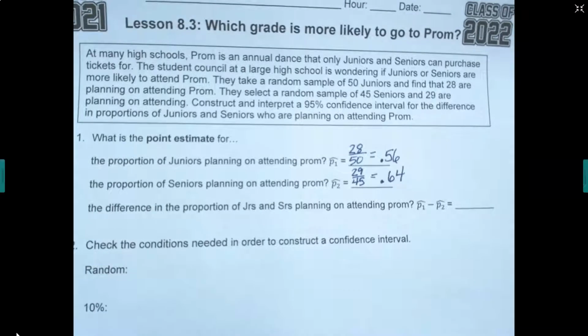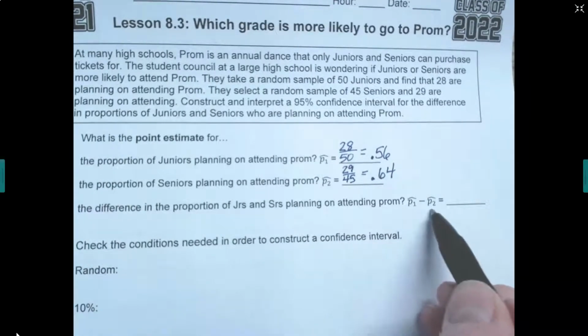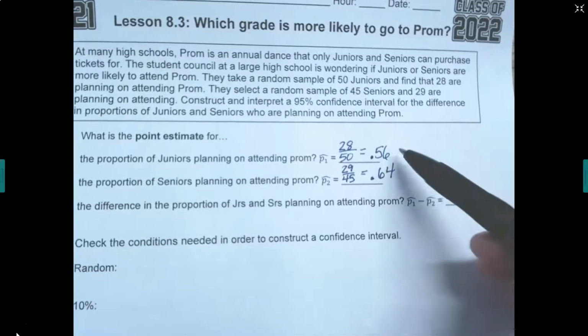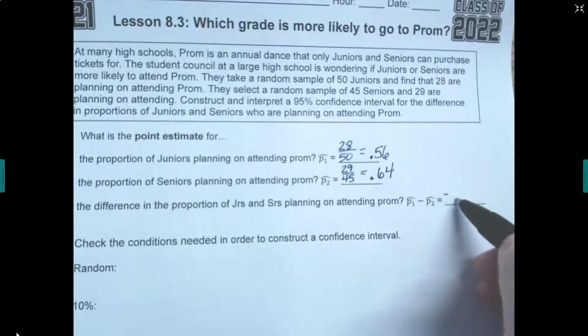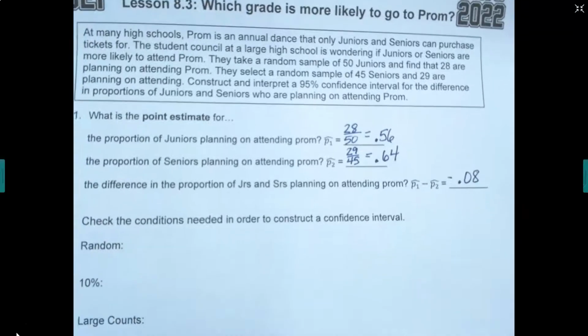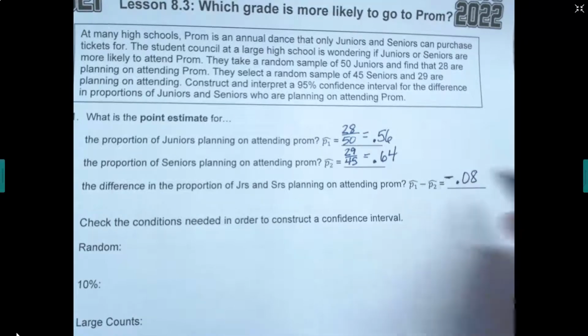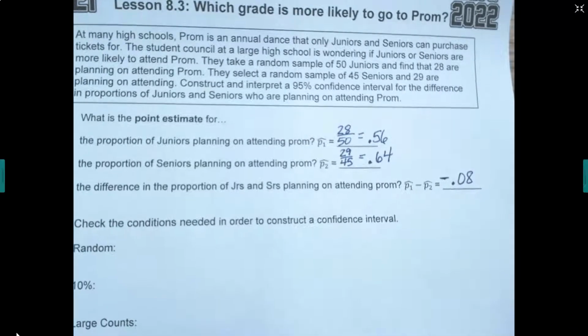The difference is juniors minus seniors, so 0.56 minus 0.64 is negative 0.08. There's a negative difference here, which is fine. That just means the juniors were less.